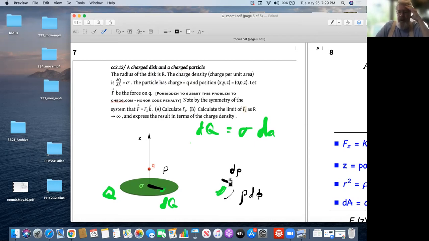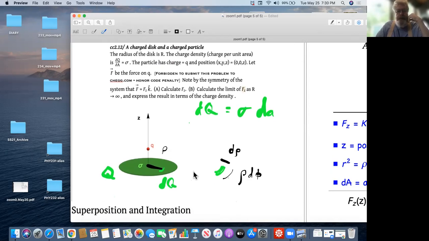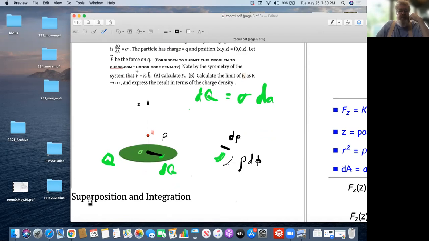So the area is L1 times L2, so it's d rho times rho d phi. All right, so now we apply the method of superposition and integration.